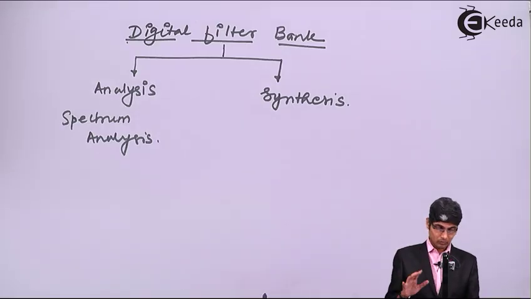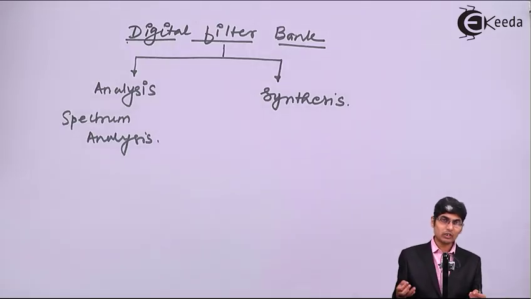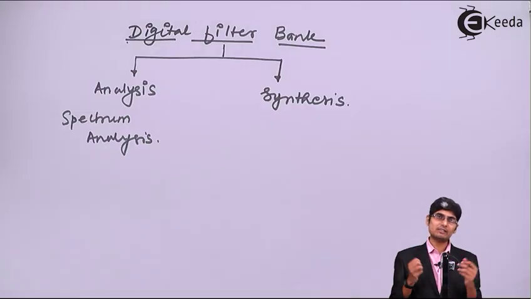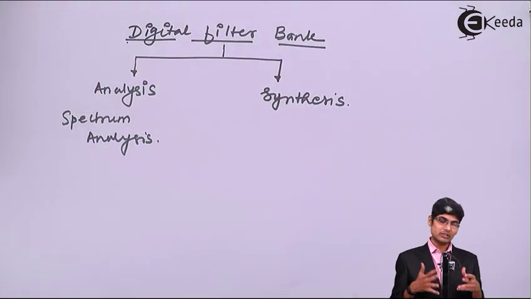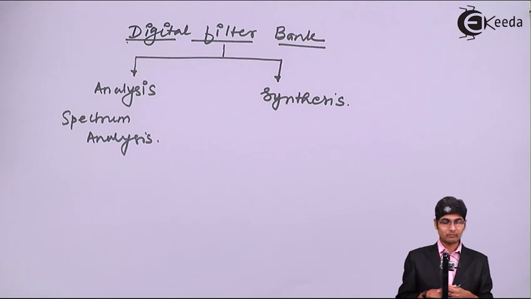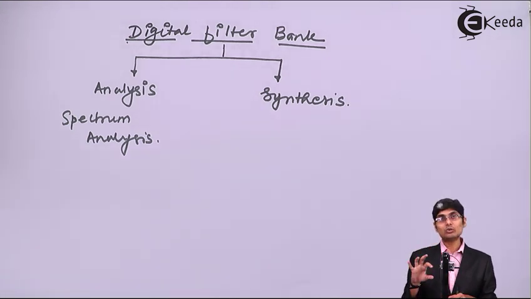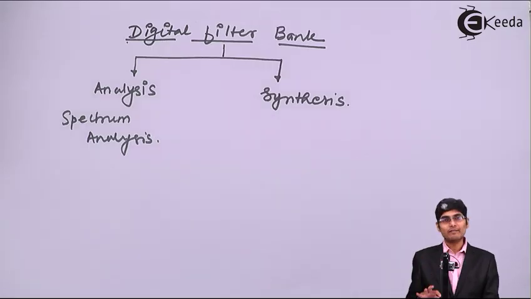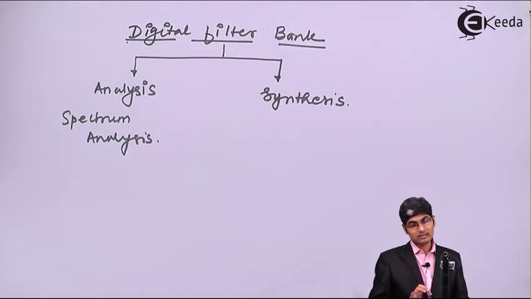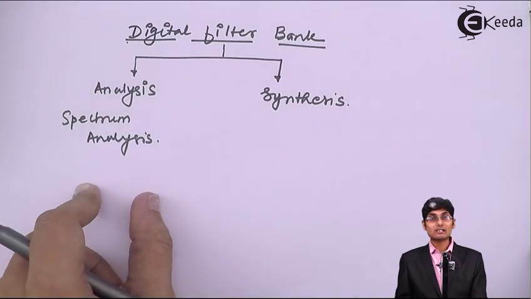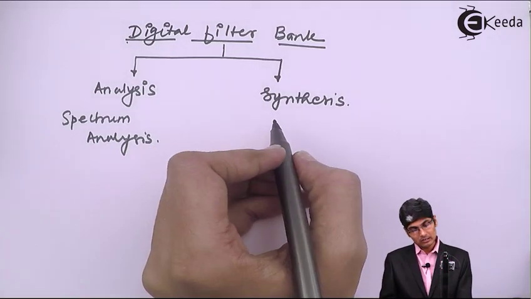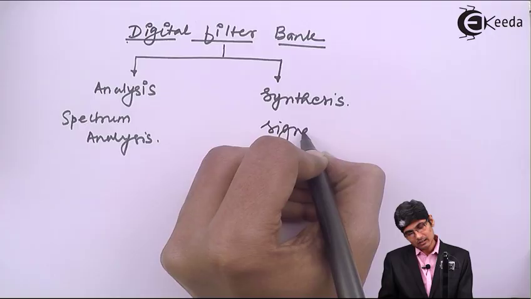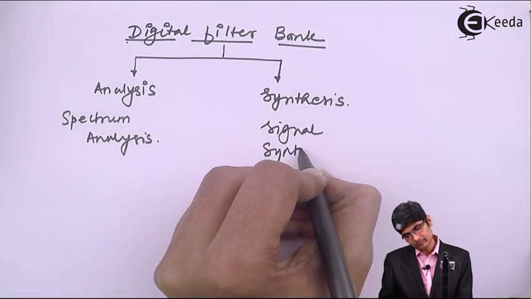So if I want to dig deep and see what the signal looks like, then we normally use analysis filter bank. If I want to just synthesize a signal, then we will use synthesis filter bank. So here it is spectrum analysis, here we call it signal synthesis.